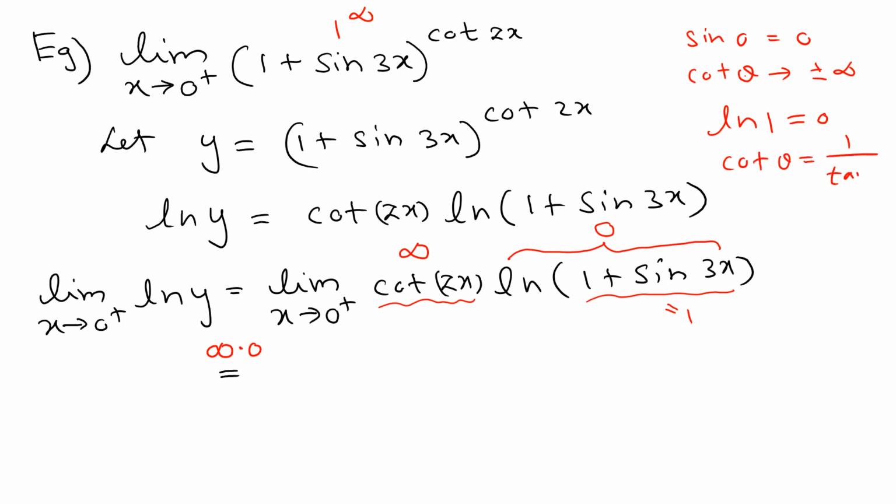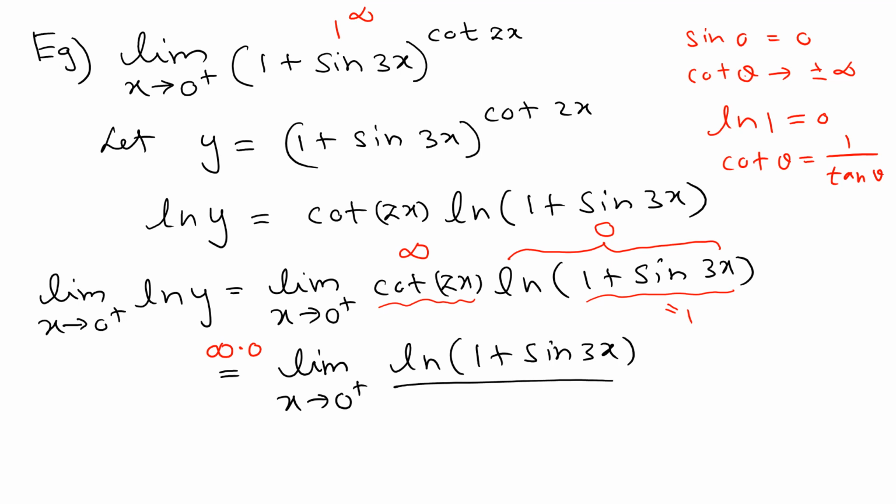So because of that, we can bring this down. So we can write this one as limit x goes to 0 plus of natural log of 1 plus sine 3x divided by tan 2x, because cotangent is 1 over tan.